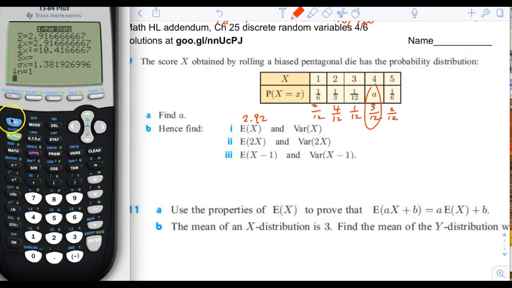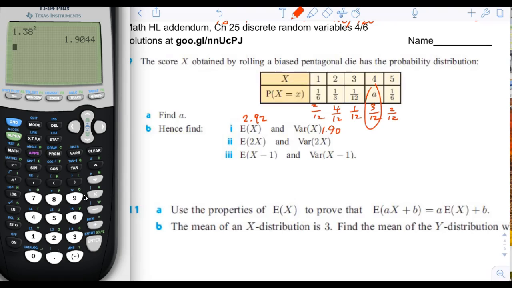Okay, so let's see. We could also take sigma squared and subtract 2.92 squared, but I think 1.38 squared is easier. So 1.38 squared is 1.90, so 1.9.